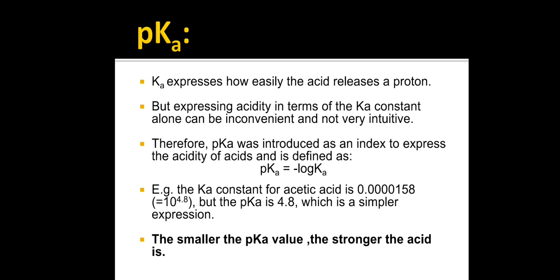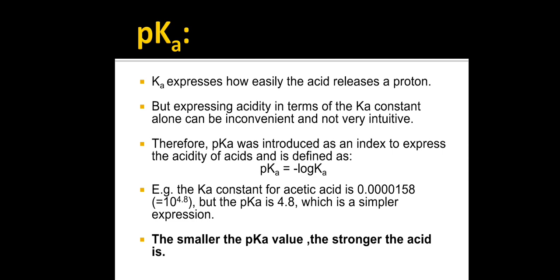Therefore, pKa was introduced as an index to express the acidity of acid and is defined as pKa equals minus log of Ka. It is the same as pH. For example, the Ka constant for acetic acid, you can see the value. It's very inconvenient and very small. Such a value can be written as 10 to the power minus 4.8.